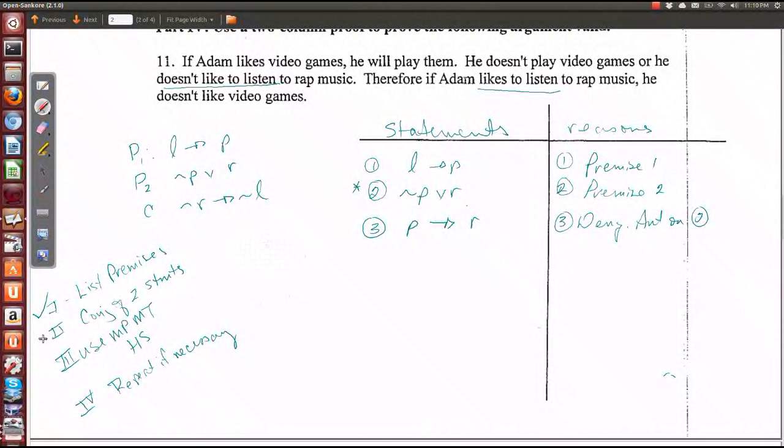I'm supposed to take the conjunction of two statements, and I only have two statements. The question is, which one do I want? Do I want L conditional P to come first? Or do I want P conditional R to come first?